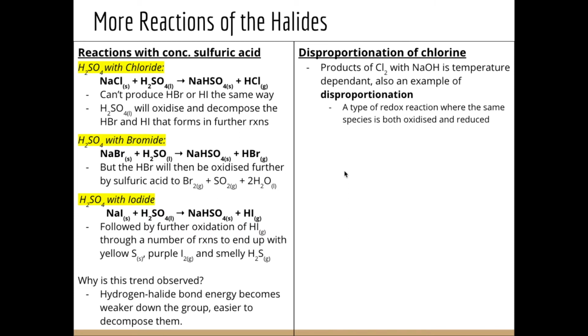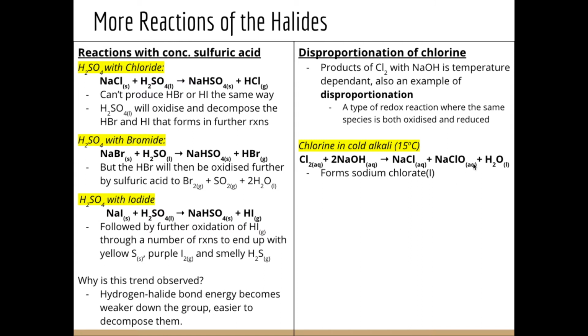Let's look at an example of this. First, we have to be familiar with chlorine in cold alkali, so at about 15 degrees Celsius. What we observe is this reaction here. We've got the chlorine reacting with sodium hydroxide. We form the sodium chloride, we form this sodium chlorate(I), we'll see why that is in just a second, and we form water.